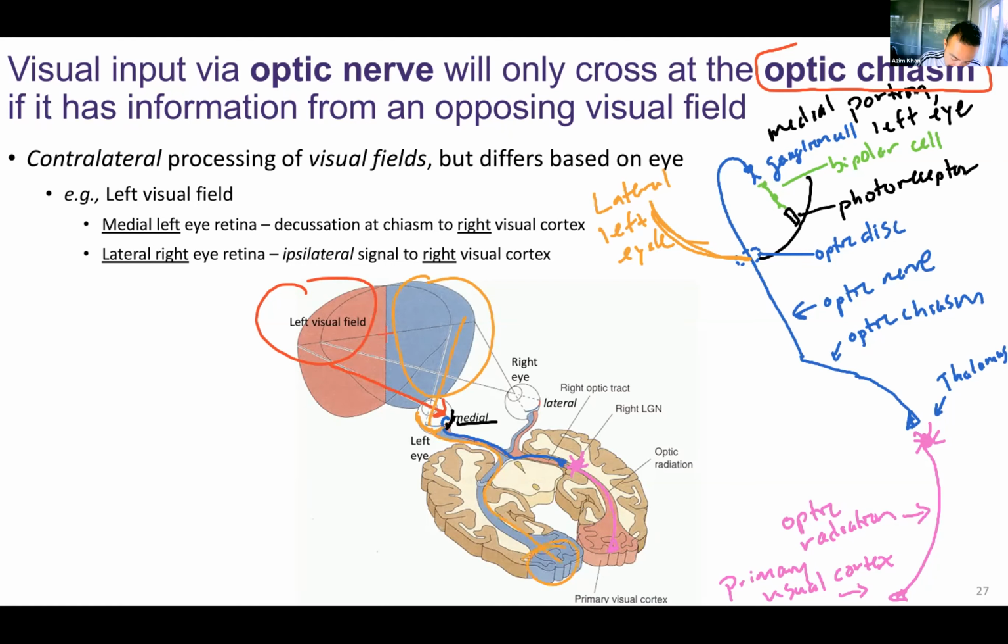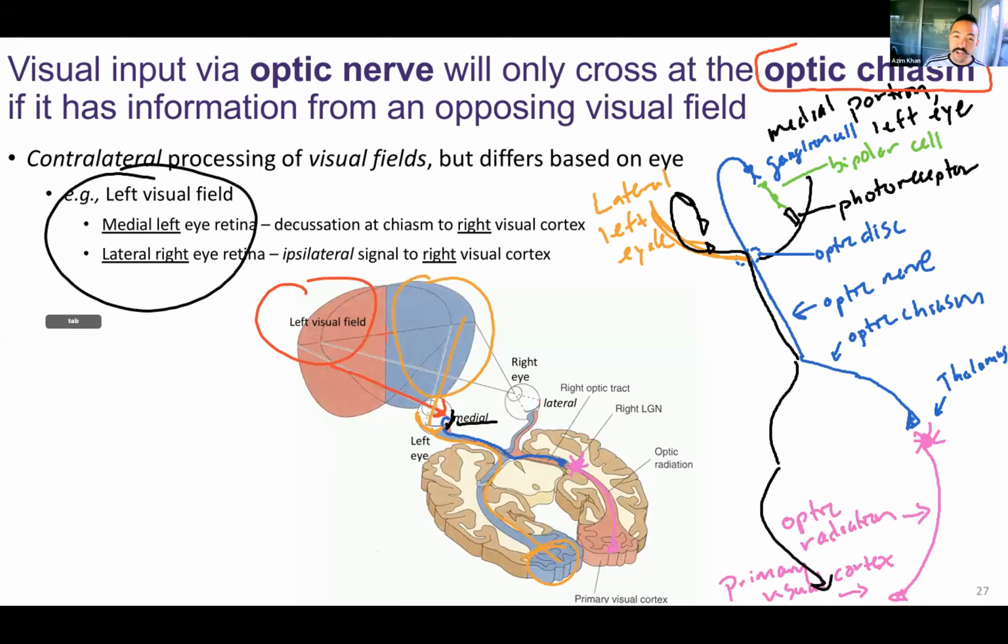So if you send information, I'm just shorthanding here, it would not decussate. It would go this way to the visual cortex. There's contralateral processing of visual fields, but it differs based on the eye. I gave you 2 examples here, and hopefully you can figure that out for the other side. I suggest you practice drawing out these pathways.